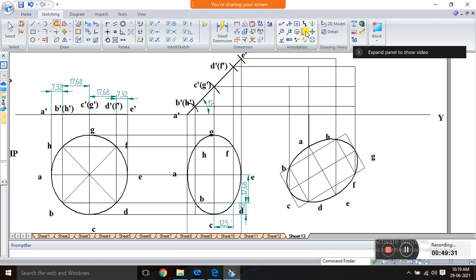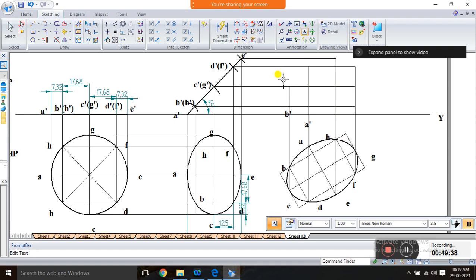and named it. This one is A dash and this is B dash, this is C dash, D dash, E dash, F dash, okay, G dash and finally H dash.